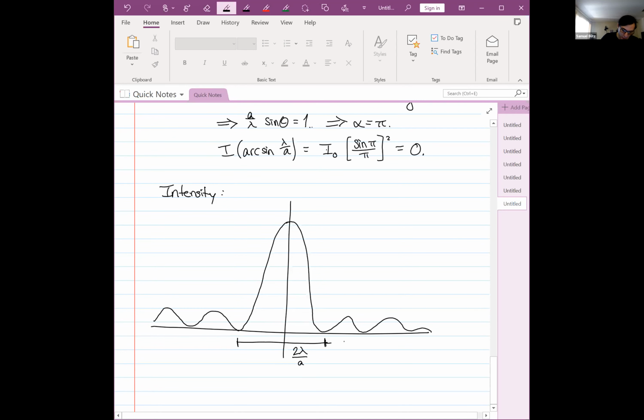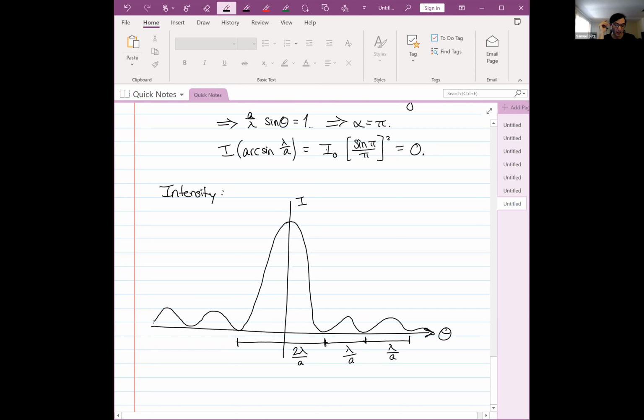And then each subsequent bright spot has a width of lambda over a. So the subsequent bright spots are half as wide as the central one. Also note that the dark spots are evenly spaced, with width lambda over a. By the way, this axis is measuring theta, and this one is measuring I. They're equally spaced in angle, so the dark spots are equally spaced, just as predicted.